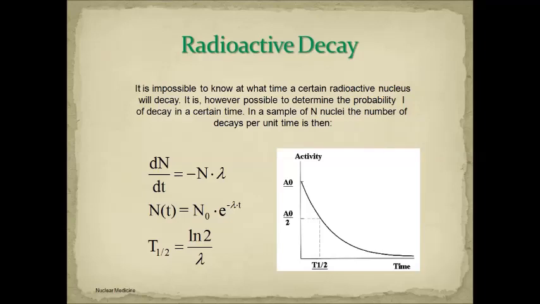All nuclear medicine procedures are connected with radioactive decay. What is it? What does radioactive decay mean? It's impossible to know at what time a certain radioactive nucleus will decay. However, it's possible to determine the probability of decay in a certain time. In a sample of some amount of nuclei, the number of decays per unit time is as shown in the picture.